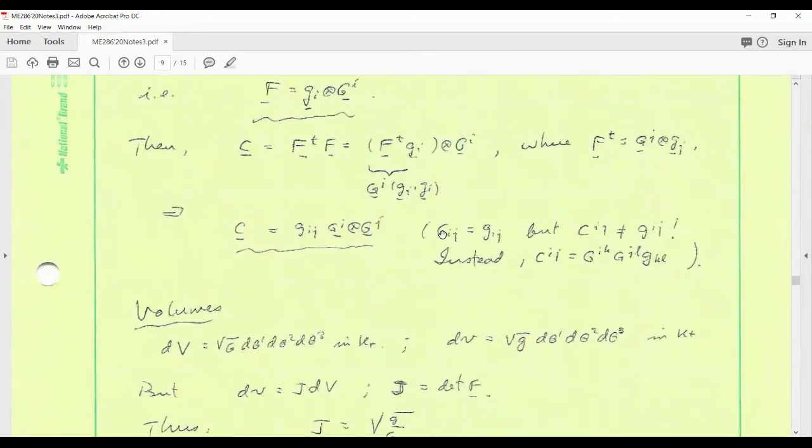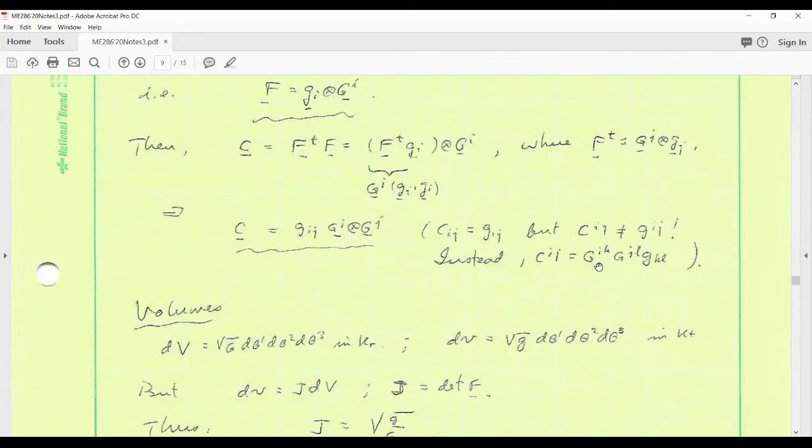You might be tempted to make the following mistake. You might be tempted to say, well, if C sub ij is small g sub ij, then the contravariant components, C super ij, must be small g super ij. But that would be false. The reason is, in an expression like this, to get the contravariant components, you have to raise the indices using the referential metric, because it's the referential metric that is used to derive the dual basis, or the natural basis from the dual basis, and so on, and vice versa.